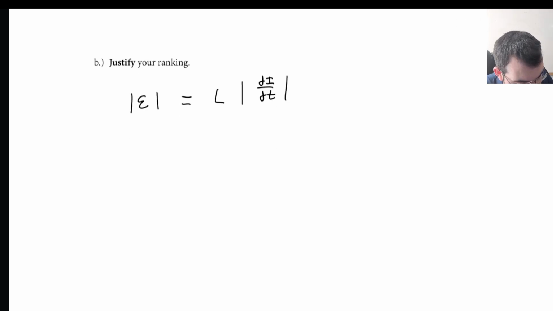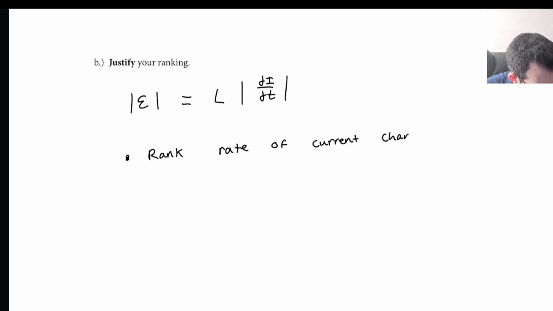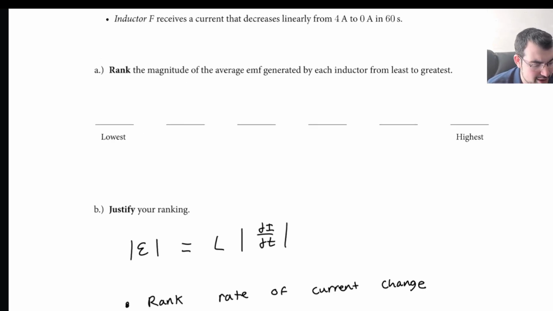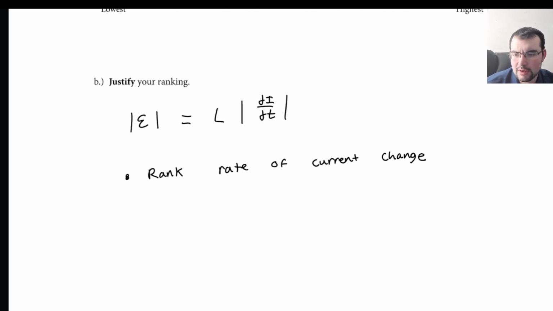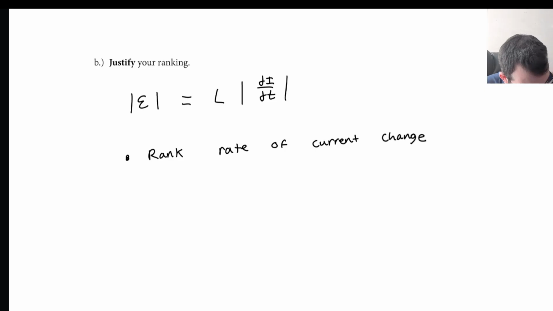So we are really just ranking the rate of current change. And since we just want the average, and I actually gave us that it's linear, we're just using delta I over delta t. There's no calculus required here.